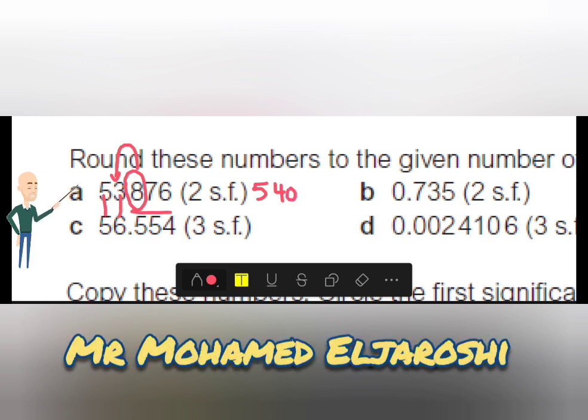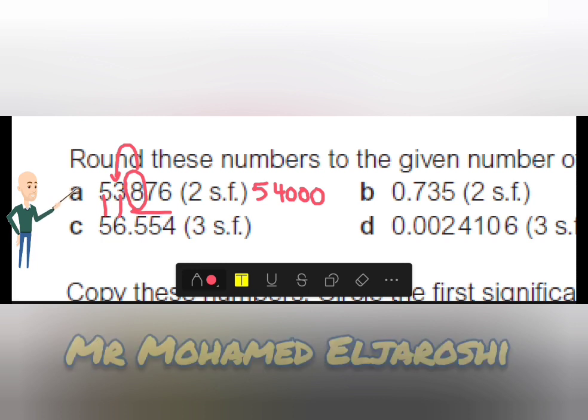So it's going to be 0, 0, 0. So to round 53,876, we made it 54,000, and that's it. And this is how you round to two significant figures.